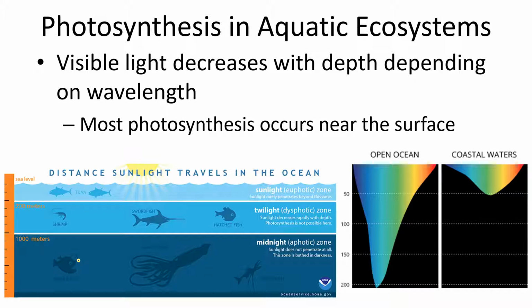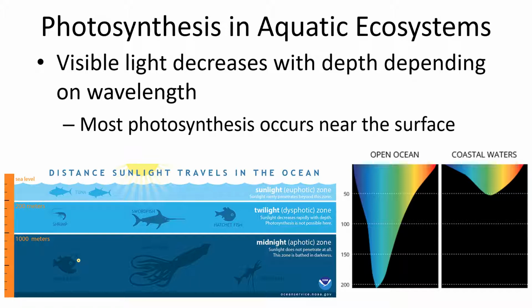It doesn't penetrate really past 1 meter, whereas the blue light goes all the way down to 200 meters. So depending on where you are in the water column will depend on what colors of light are actually penetrating the water column.